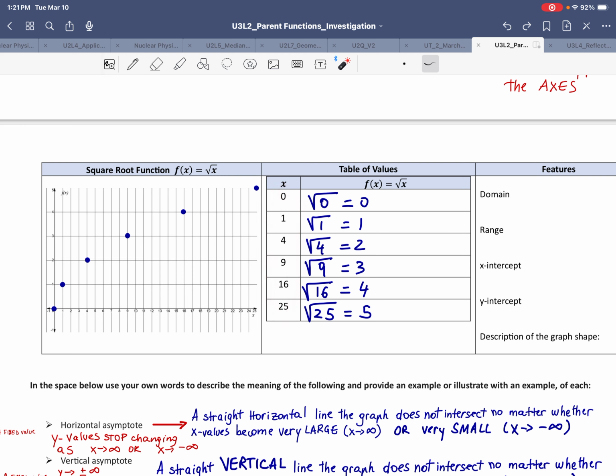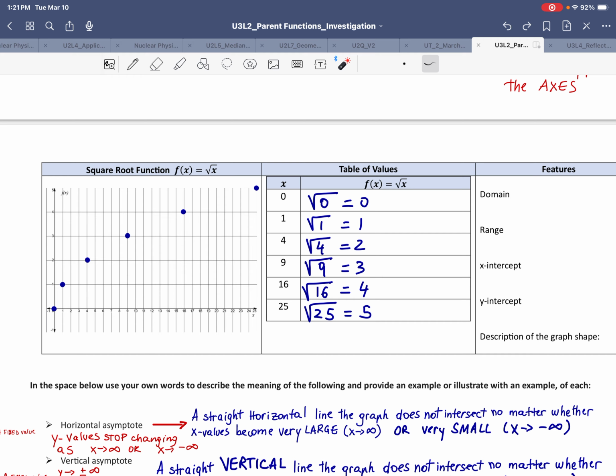Notice that all the numbers we select are positive, and that's because we are square rooting or even rooting the numbers, which makes sense to say that they have to be positive. Otherwise, we cannot square root them. And for easiness in graphing the function, I chose x values that are perfect squares, so I can plot them more easily in here because the square roots of perfect squares are natural numbers.